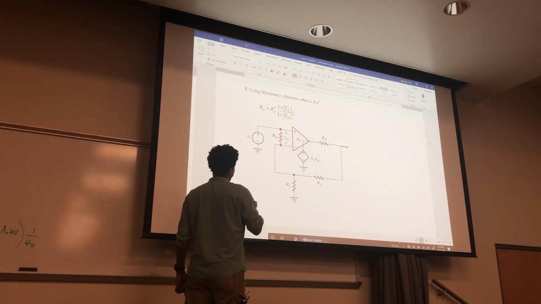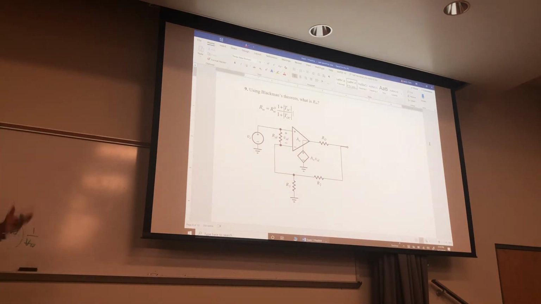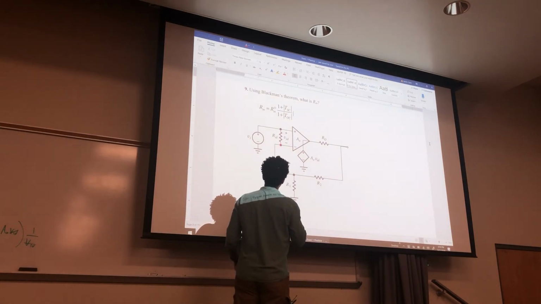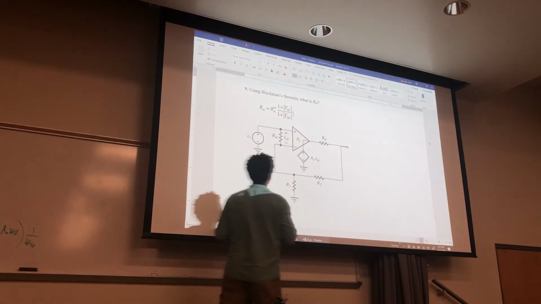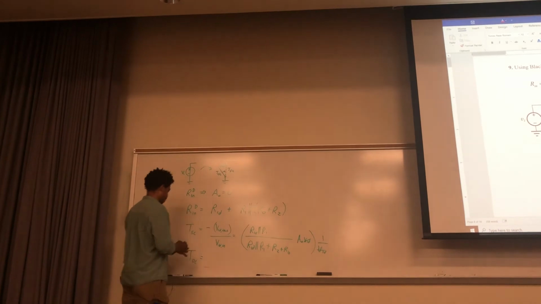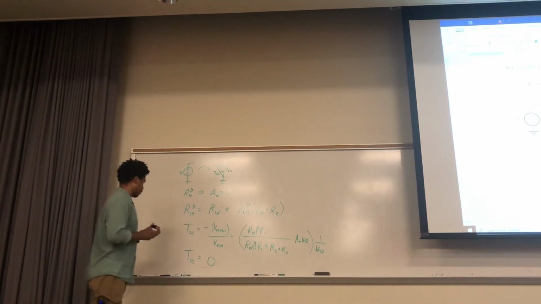If there's no current going through here, what is VID? Yeah, it's going to be 0. So no current going through here. So if that's going to be 0 for that ratio, then your VOC is 0.